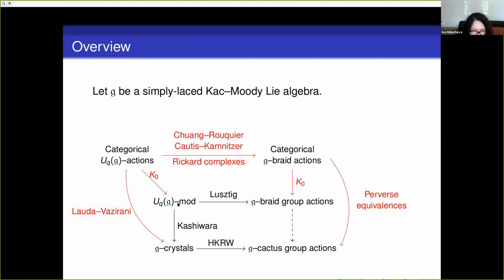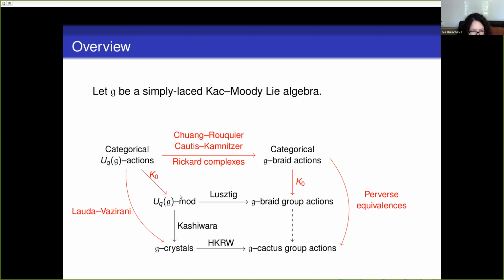From there, Lusztig describes how to define, using a quantum group module, an action of the braid group for our Lie algebra G on that module. So there's this arrow going from quantum group modules to braid group actions.